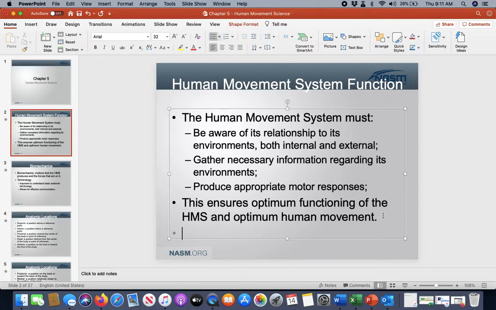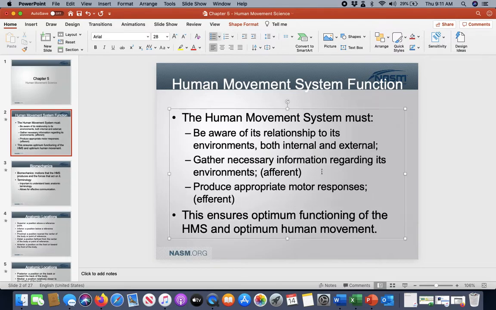Now, if you've ever taken an exercise physiology class, these are what we would call afferent and efferent pathways. Afferent is sensing, so this is more toward sensory, and efferent is more toward motor or movement. Okay, and that's really what we want to understand: we want to know where we are, then we want to detect things to make the appropriate movement response.